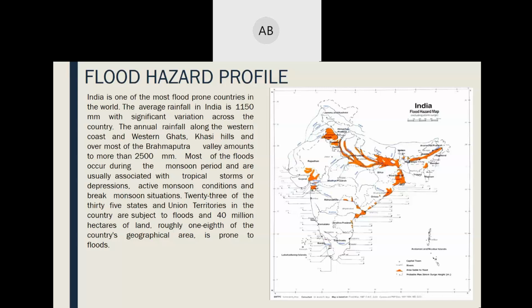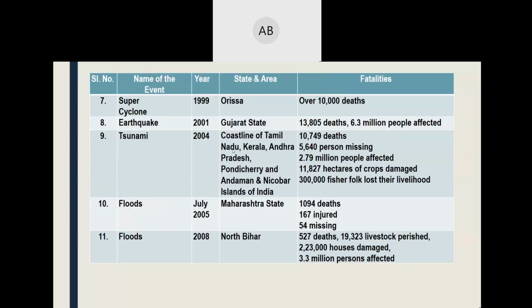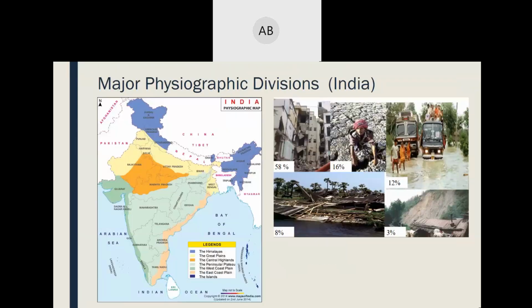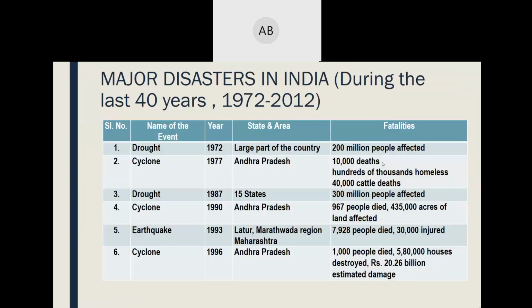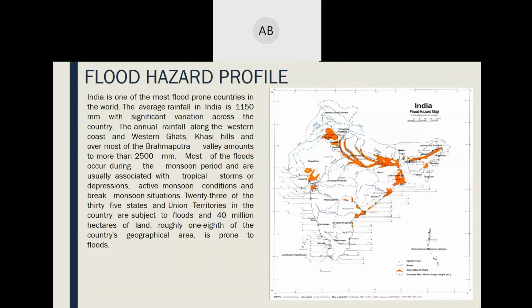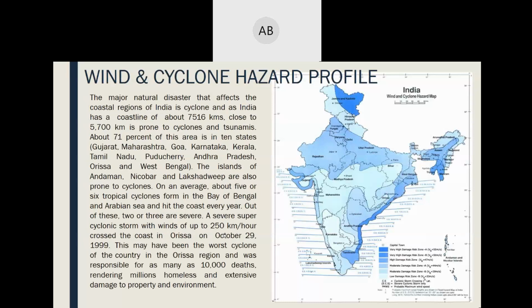So you can say that India, on an average, may be experiencing about 12% of its geographical area affected by the floods. And as I showed you in the first slide, around 12% of the floods. So these also amount to floods in the river and then due to other monsoonal activities and seasonal storms.